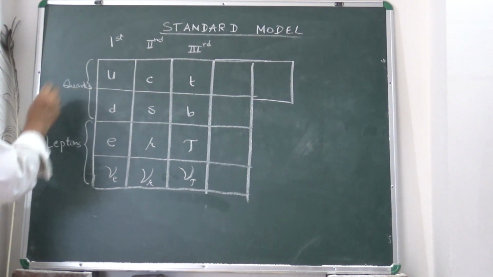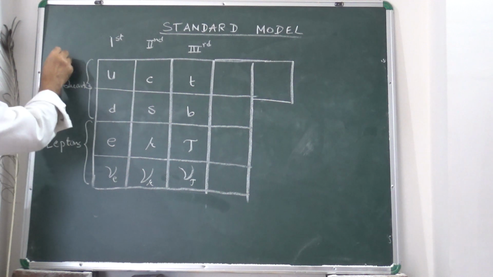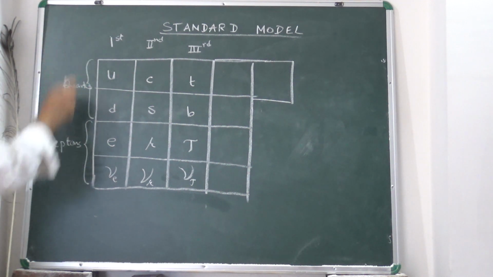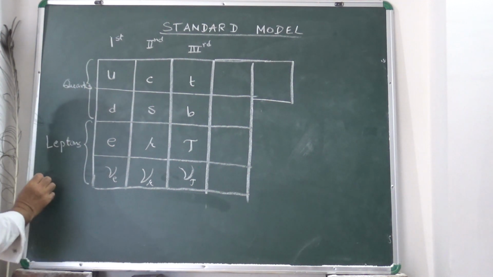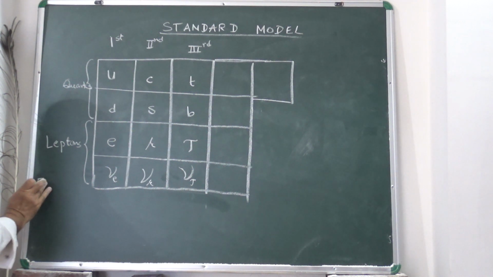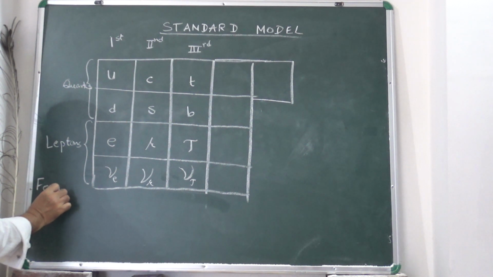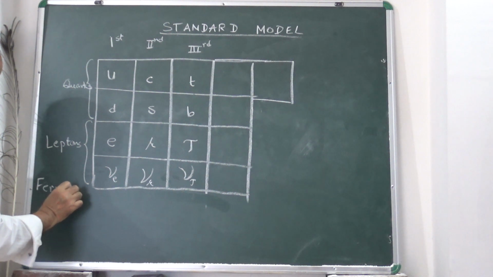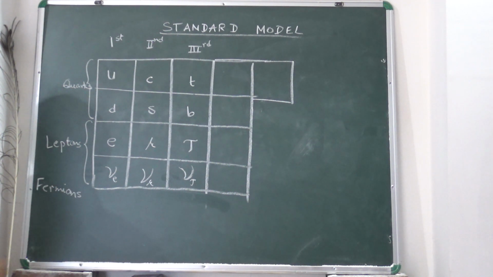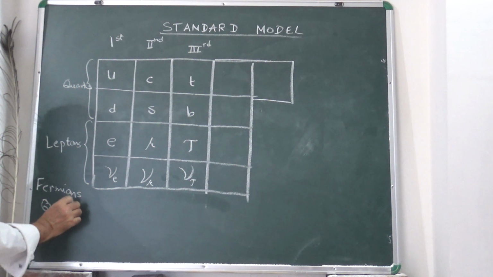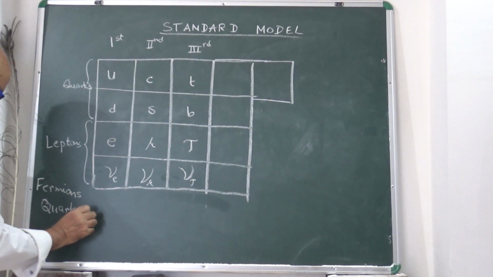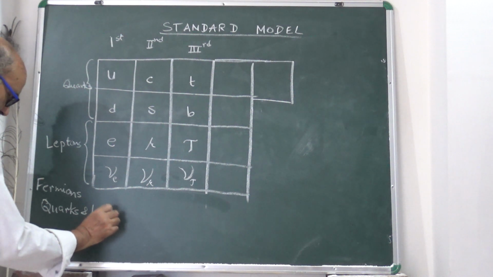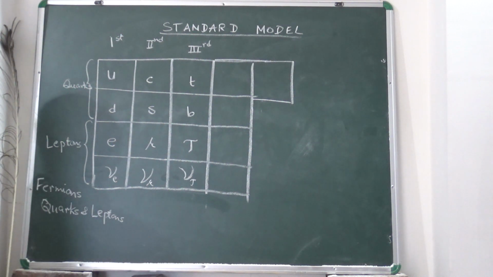So they are all called fermions. All of them, quarks as well as leptons, are called fermions because they follow the Fermi-Dirac statistics.